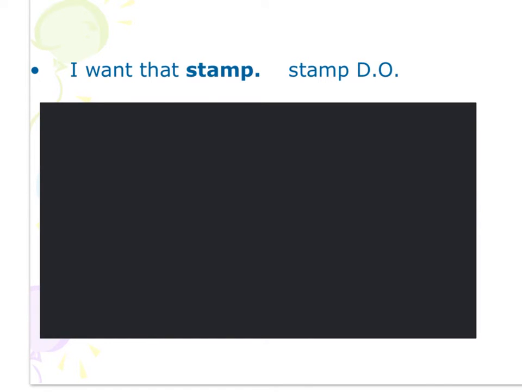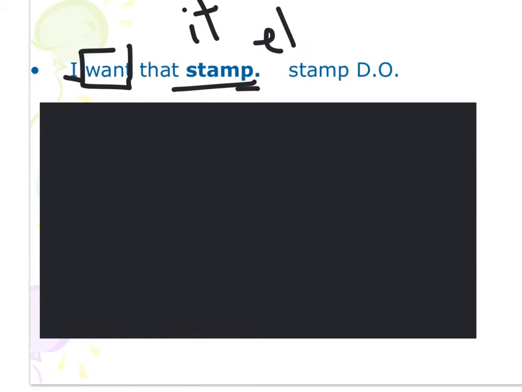Okay, here is an example. If I were to say, I want that stamp, I is my subject, want is the verb, and stamp is my direct object noun. What will I replace stamp with in Spanish and in English? Is stamp it or them? Well, we have one stamp. We want one stamp. So that automatically tells you it's going to be in the it form. Now we need to figure out the word for stamp. The word for stamp is el sello, so now we know that it's singular and masculine.